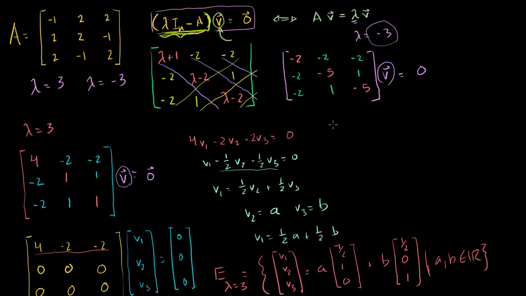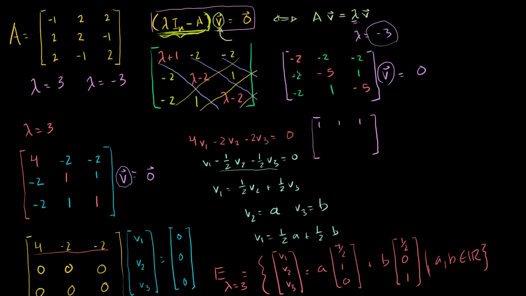So the first thing I want to do, I'm going to keep my first row the same. I'm going to write a little bit smaller than I normally do, just because I think I'm going to run out of space. So minus 2, minus 2, minus 2. Actually, let me just do it this way. I will skip some steps. Let's just divide the first row by minus 2. So we get 1, 1, 1.